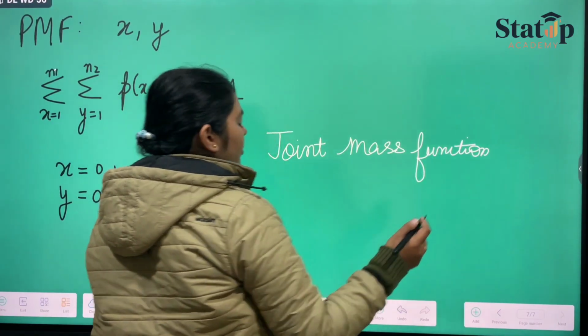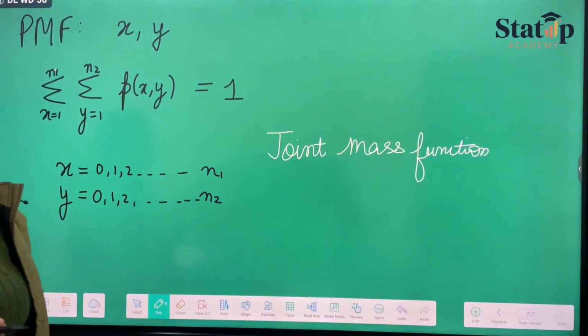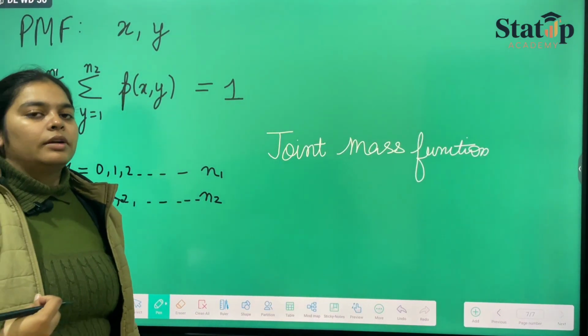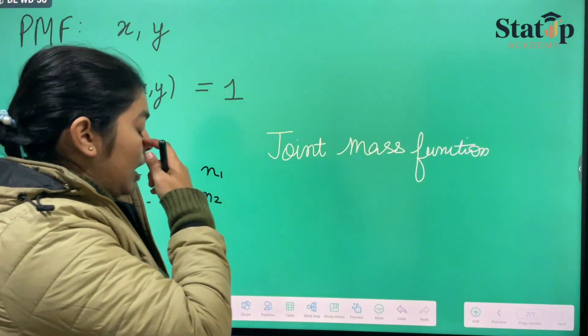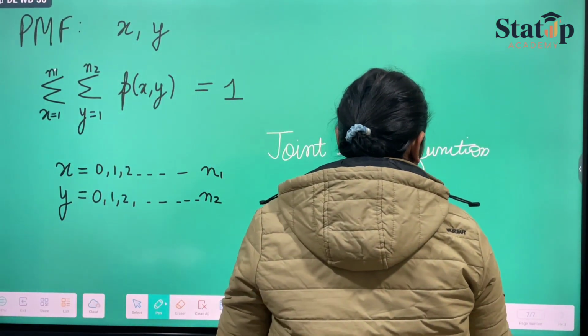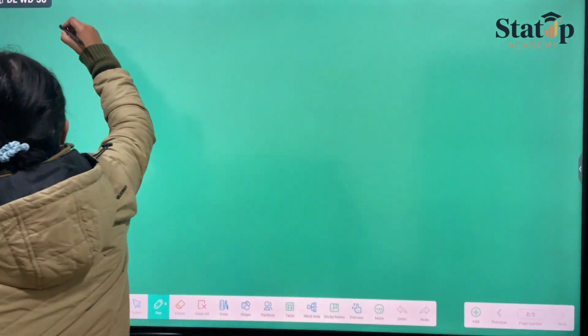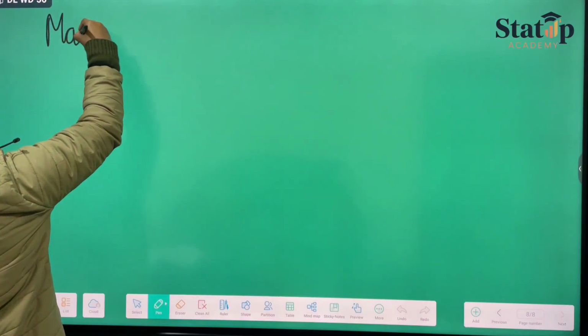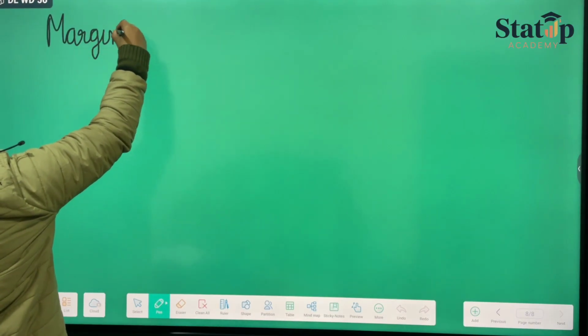These are very small topics, and we are taking every smaller topic so that you can understand the exam point of view better. Let us move forward with another topic, which is marginal density function and marginal mass function.